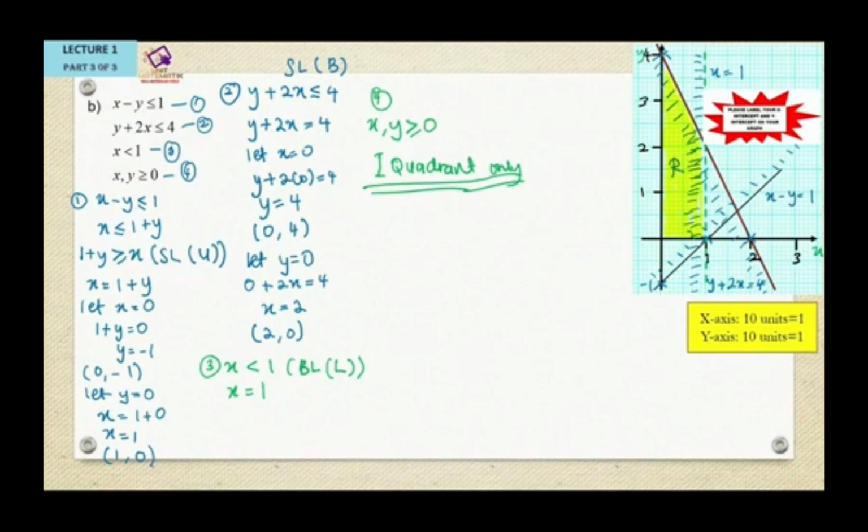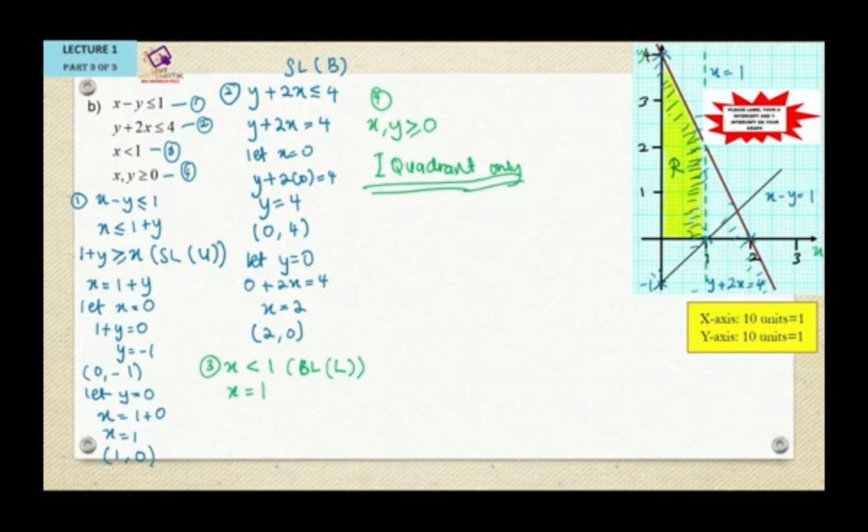For the remaining shading, we need to erase it. Just erase the extra shading. If you don't want to erase the extra shading, that is also fine, as long as you shade the correct region and you label the region as R. Okay, students, so the shaded part is here.